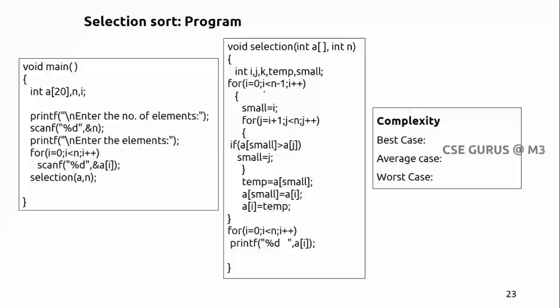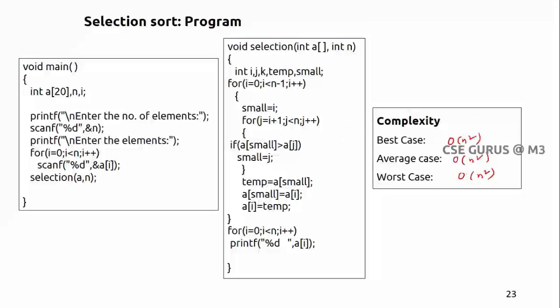Every time i starts from 0 and goes till n minus 1, and j starts from i plus 1. So the process with the nested for loop must be completed. That's why it is taken as n square. So the complexity will be order of n square, even in the best case, worst case and average case.